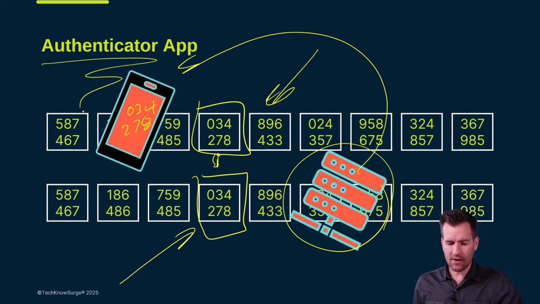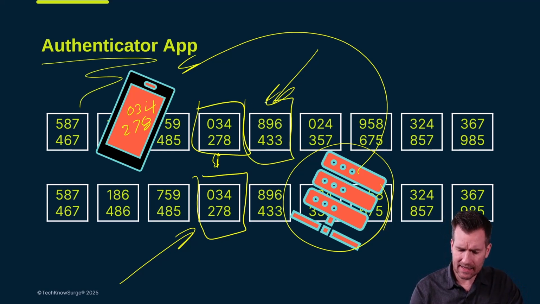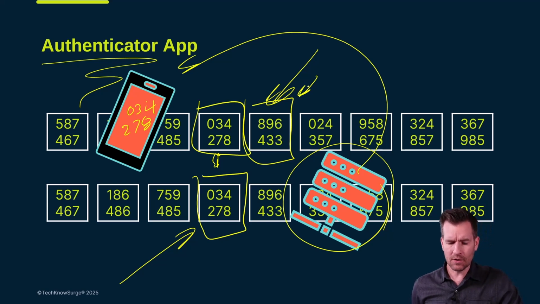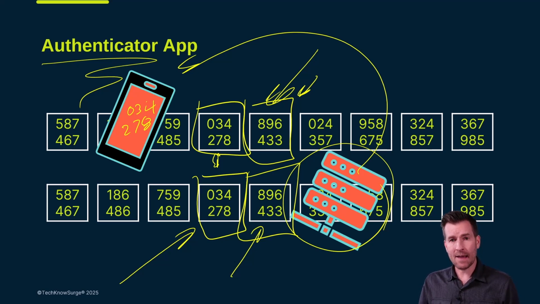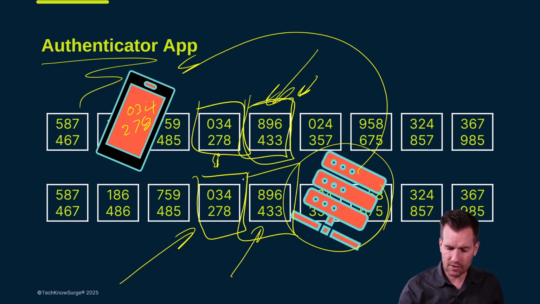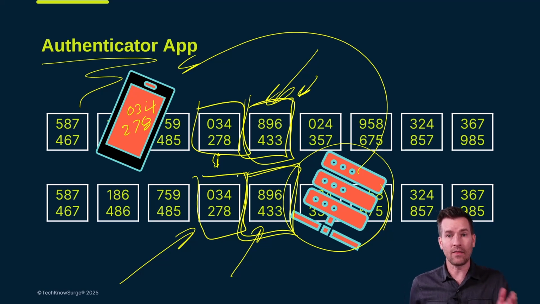But what happens when it's an Authenticator app? How does the Authenticator app know what the number is compared to what the server has? They need to be on the same page, and they're not communicating this. It's not being sent to the Authenticator app. What's happening usually is that the Authenticator app generates this number, as well as the server generates this number, and they're on the same page.